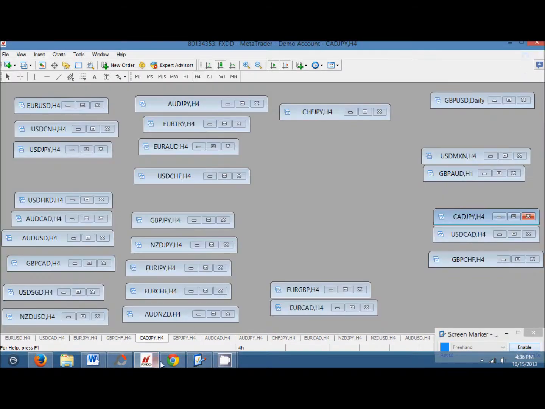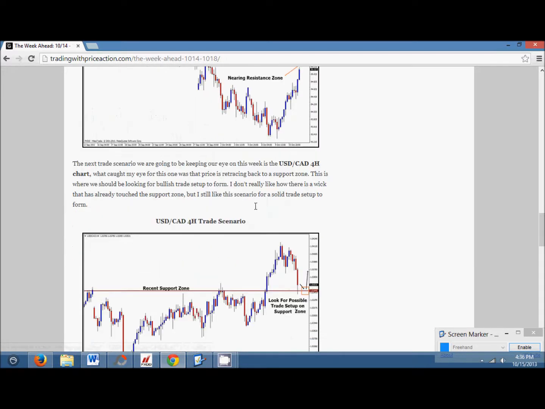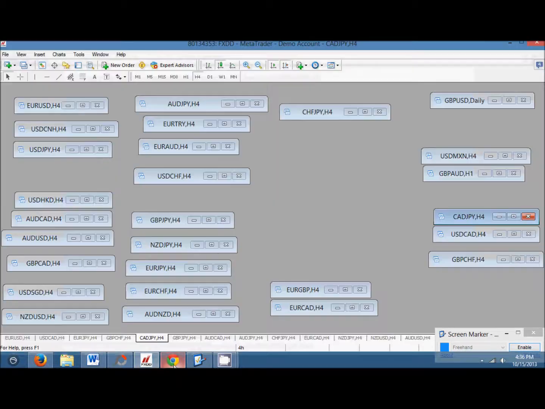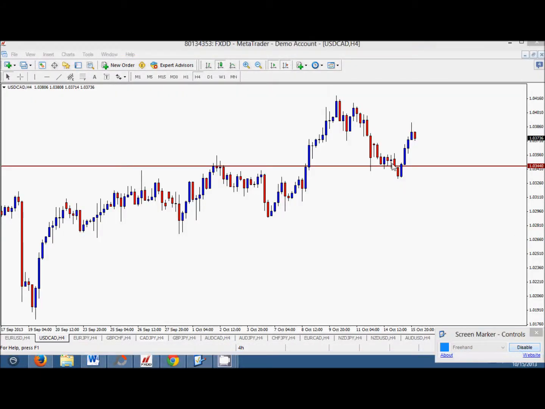Now let's take a look at another chart I was looking at, which is the US dollar Canadian dollar 4-hour chart, which I talked about in the week ahead. What we were looking for on this one was for prices to come down and touch this support zone right here, and for prices to bounce back up. Now if we go to the actual chart of what happened, we can see that prices did drop back down here and touch this, and then we had a nice bullish 2-bar reversal that formed perfectly right on this support zone.